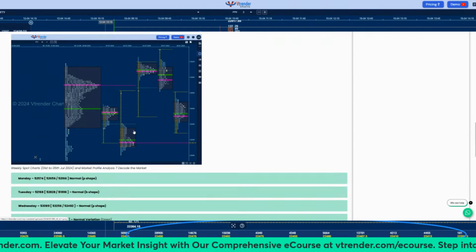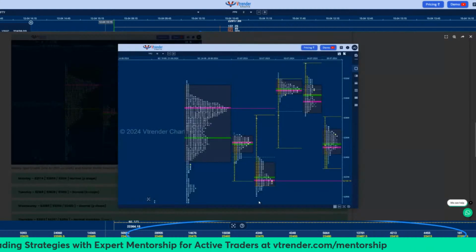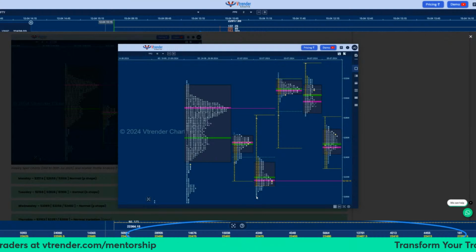So we opened and got rejected from there, and we went on to form an outside bar in Bank Nifty. So this is a B-shaped profile. A B-shaped profile indicates long liquidation, and the POC was at the lower side, and we closed right around the POC. But the interesting thing that happened on this day was that even the seller was not able to do a good enough job because the range extensions, as you can see, were marginal ones.